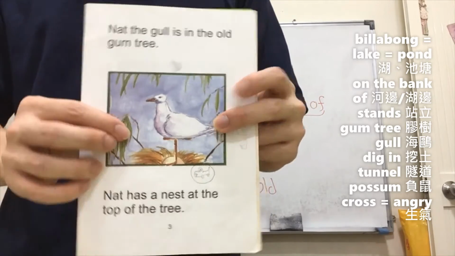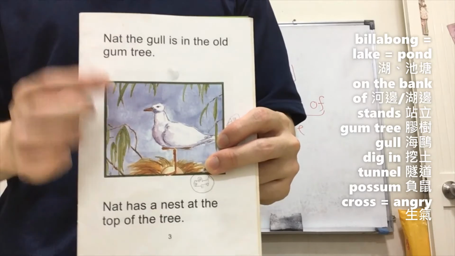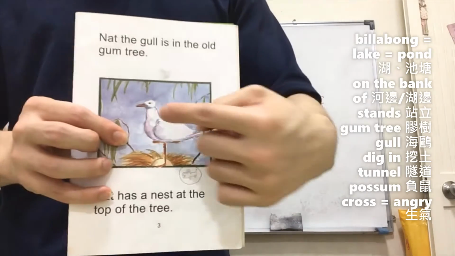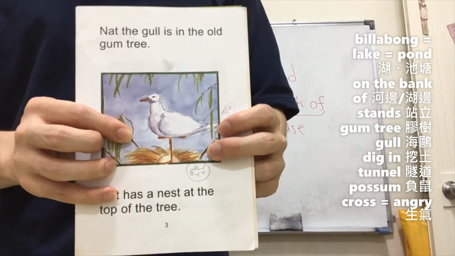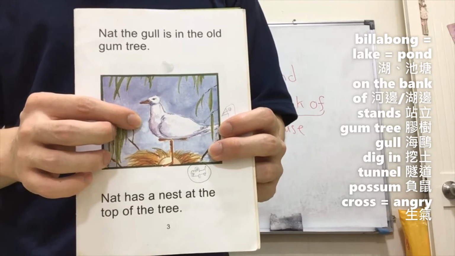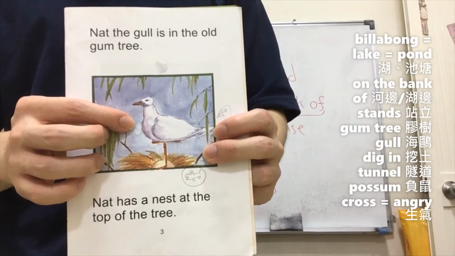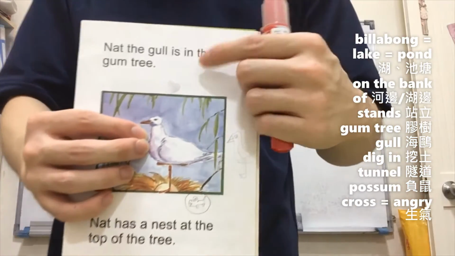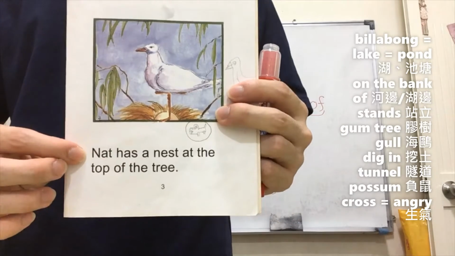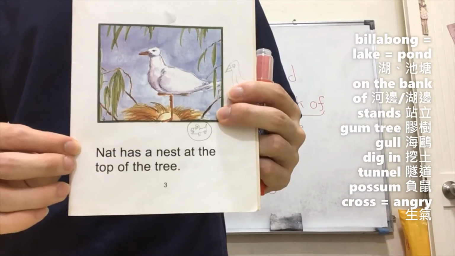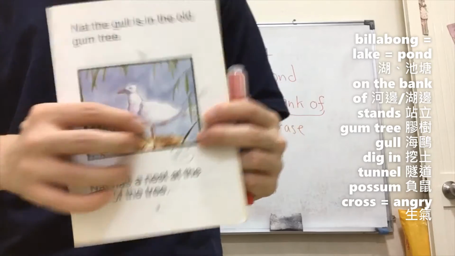So Nat is the name of the gull. So this is a gull. Nat the gull is in the old gum tree. Remember the word in, or preposition in?